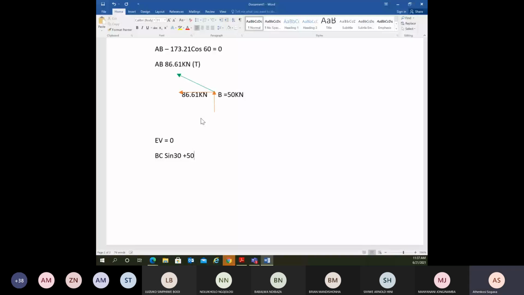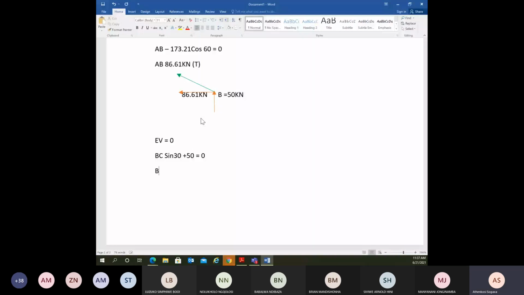Then 50 becomes negative, so 50 divided by sine 30 is 100. Therefore your BC will be 100 kilonewtons.